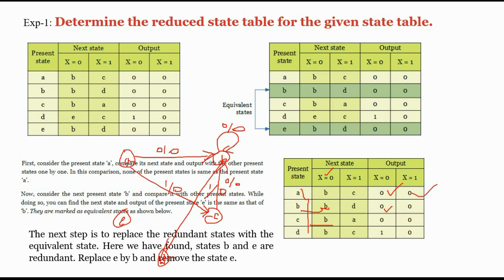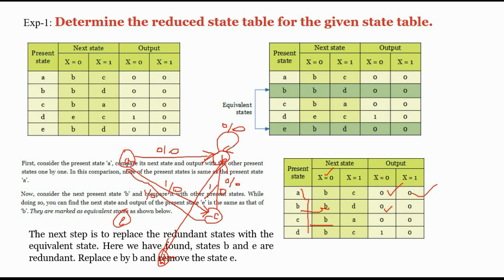C to A, you just draw like this. C to A means x is 1 and the output is 0.